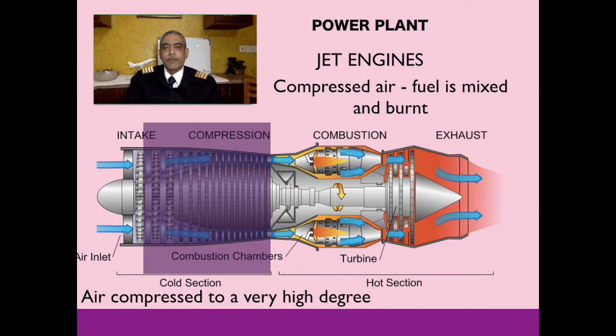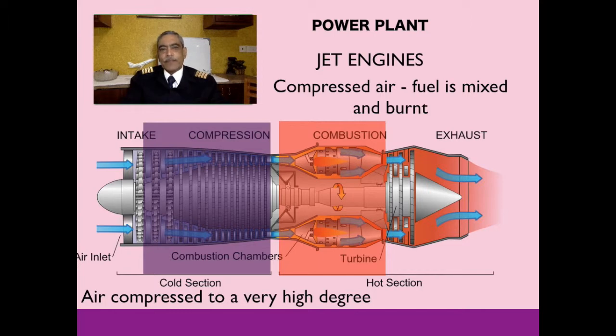The whole mixture is burnt in a part called the combustion chamber, which I have shown highlighted in this reddish color. When this mixture burns, it burns at a very high temperature, and it releases very high pressure gas. This high pressure gas goes and hits another series of blades called the turbine, which in turn rotates the compressor.